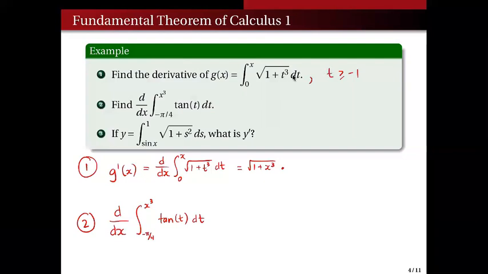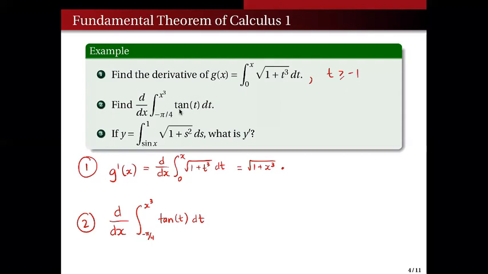If t equals negative 1, then t cubed is negative 1, and 1 plus negative 1 is just 0. So this is still well defined. And of course, if t is greater than negative 1, t cubed will also be greater than negative 1, which means that 1 plus something greater than negative 1 becomes a positive number. So this will be continuous for t greater than or equal to negative 1.